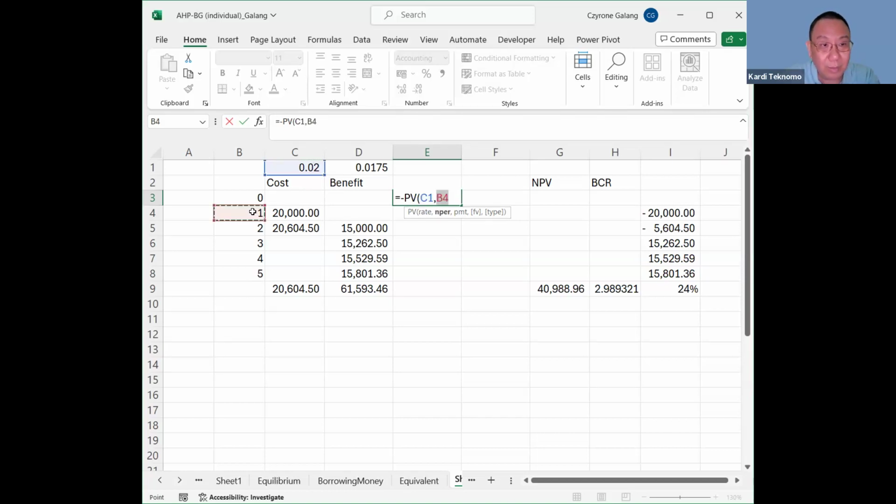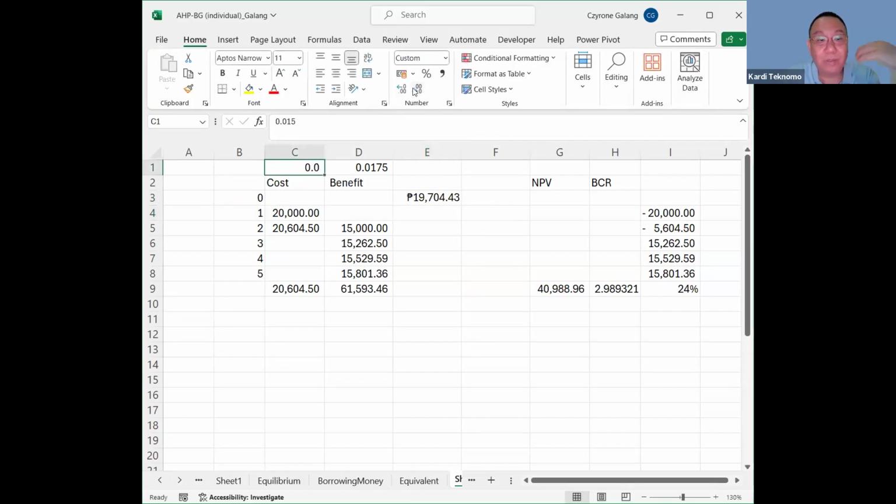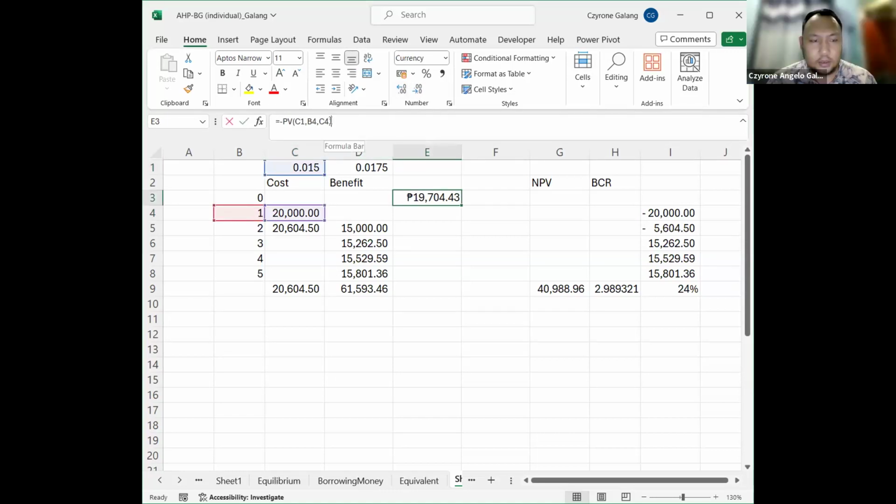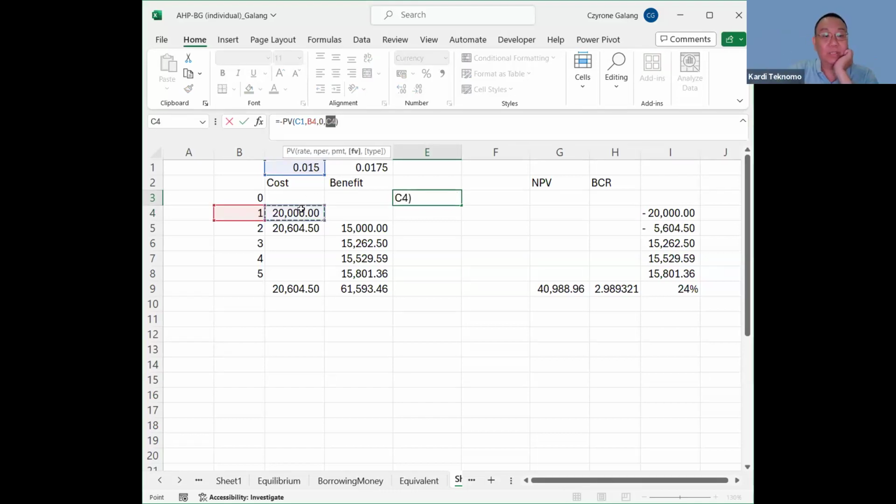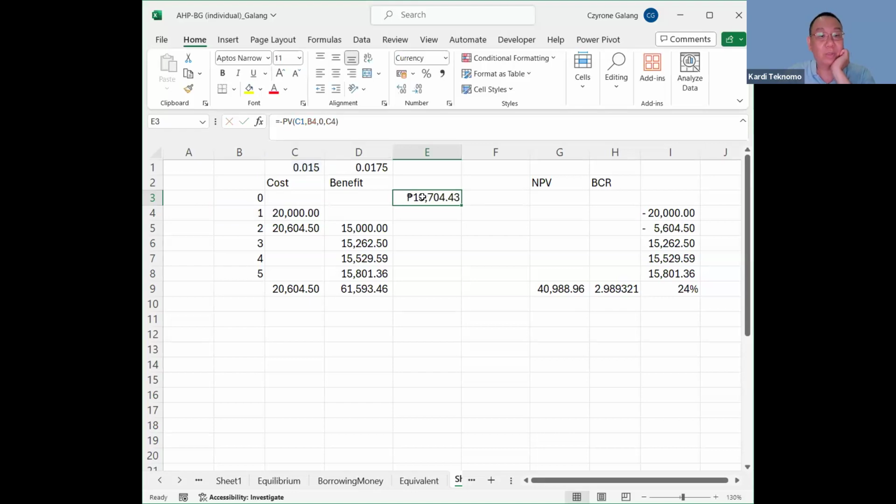Okay, anyway, the N and then 0 and then F is zero. Okay. You move that to row 4, so that... okay.